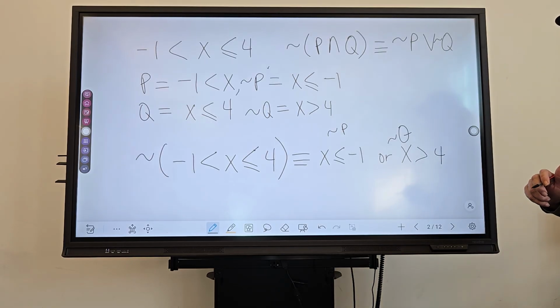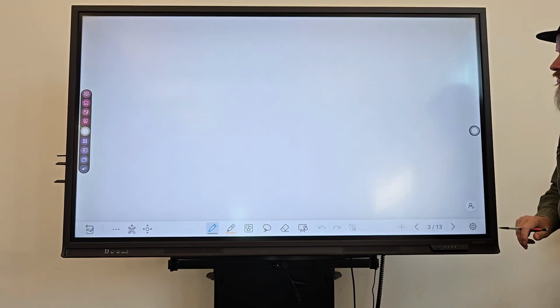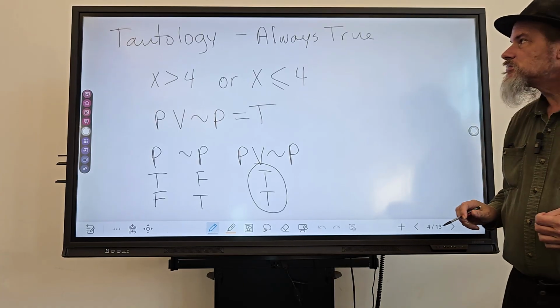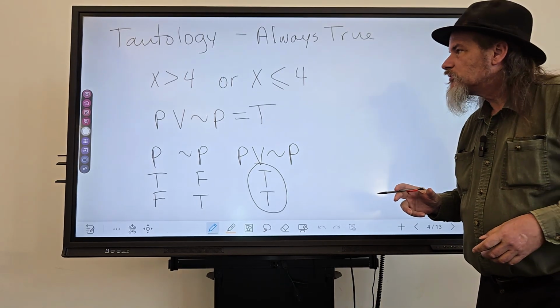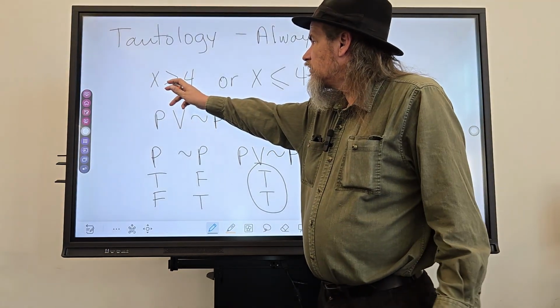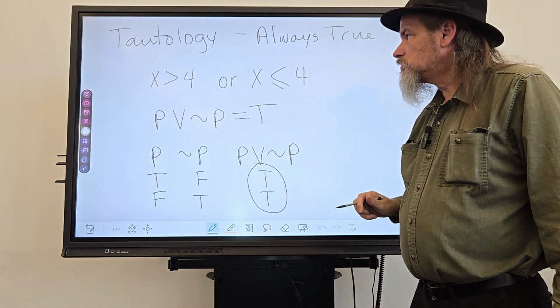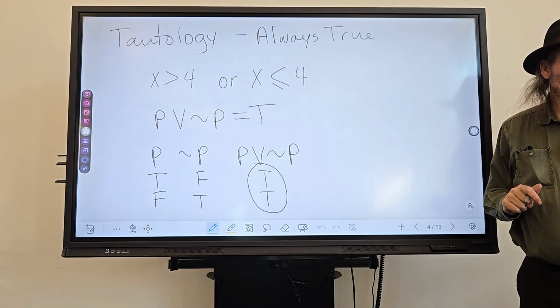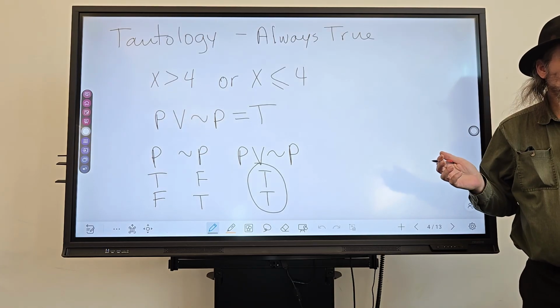Now for a funny little word. Tautology. A tautology is always true. Take, for example, x is greater than 4 or x is less than or equal to 4. Doesn't matter what x is, it's always going to be true. Right?